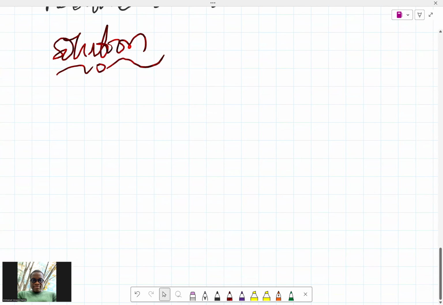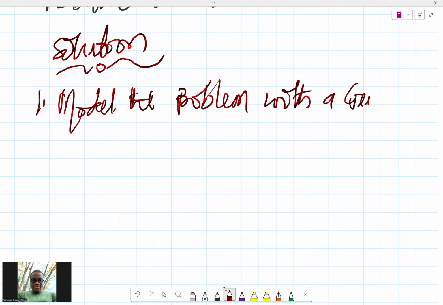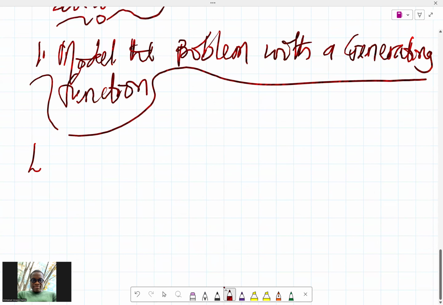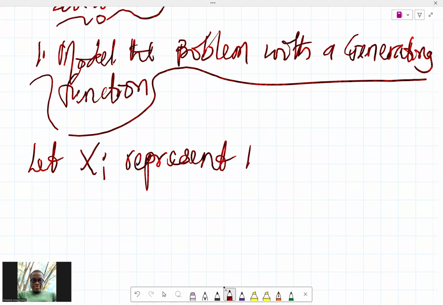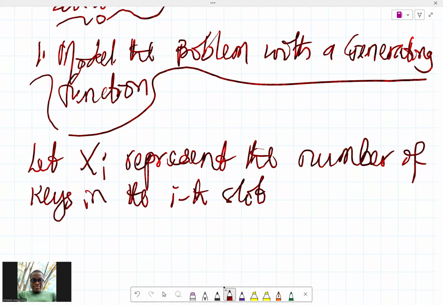So the solution, step by step: the first thing we want to do is to model the problem with a generating function. Let xi represent the number of keys in the ith slot of the hash table.